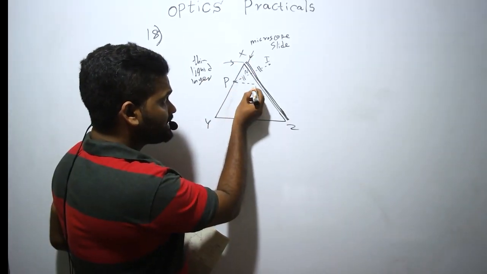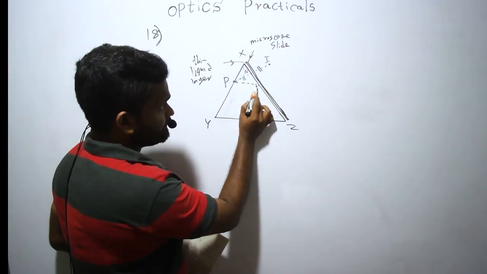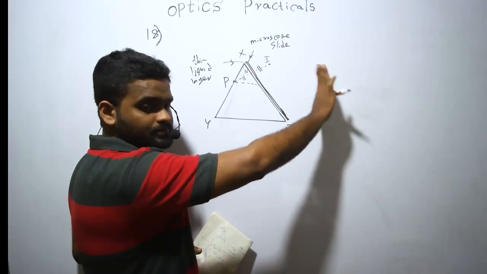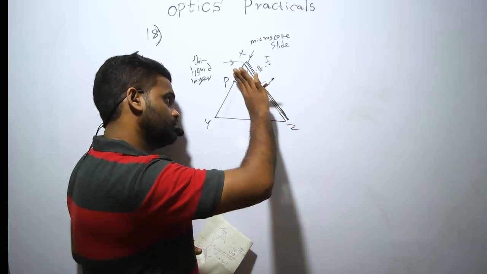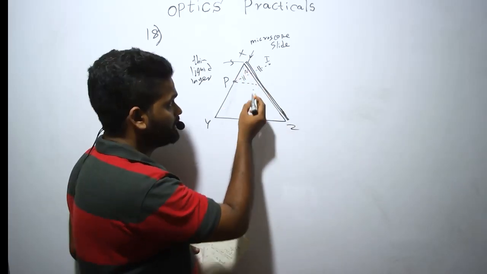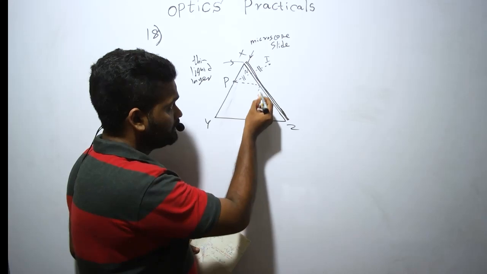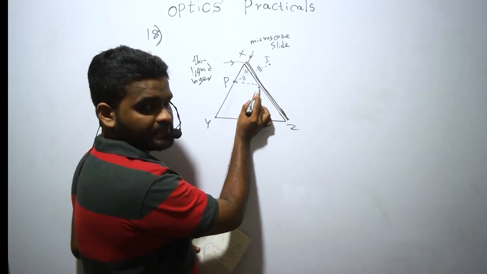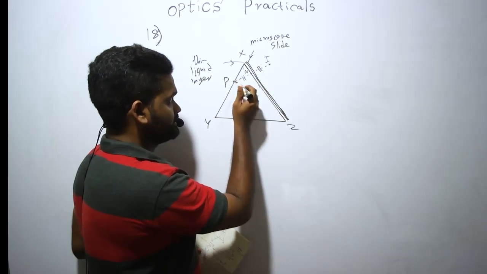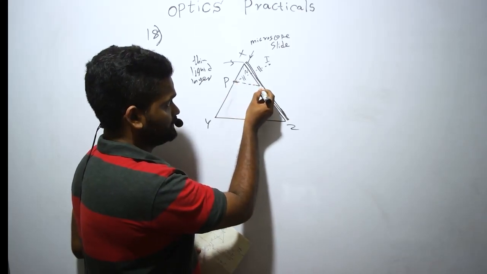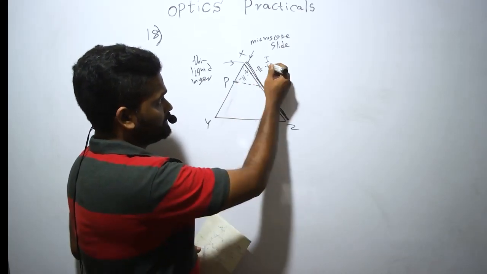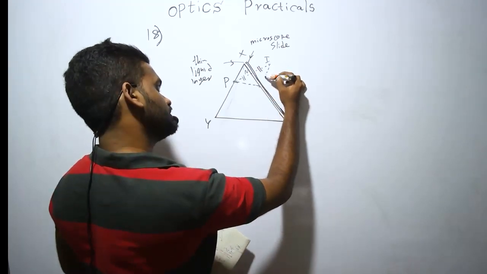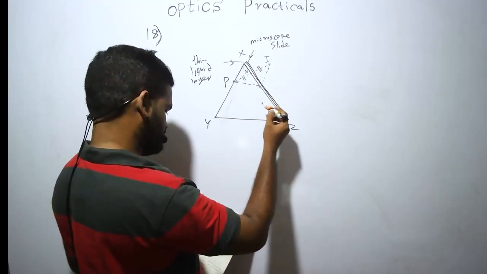Then for the critical angle cases here, there's no microscope slide, right? Only the prism. Let's say for this incident, there's going to be a critical angle. Then what do we do? The image is coming from here, right?